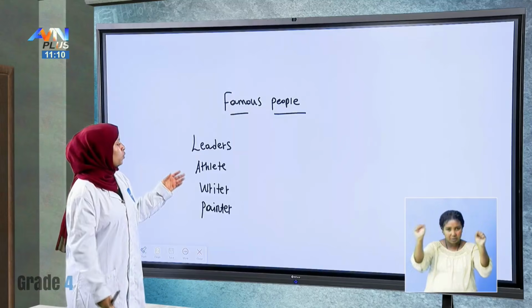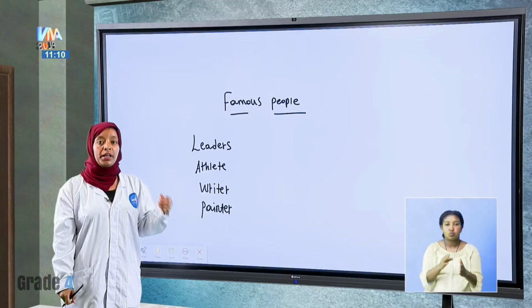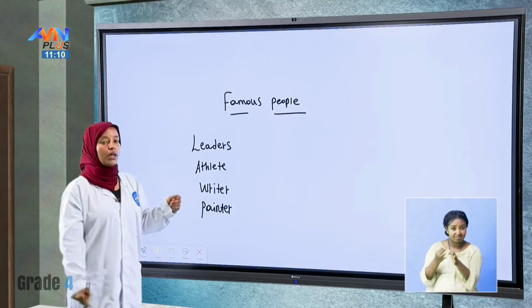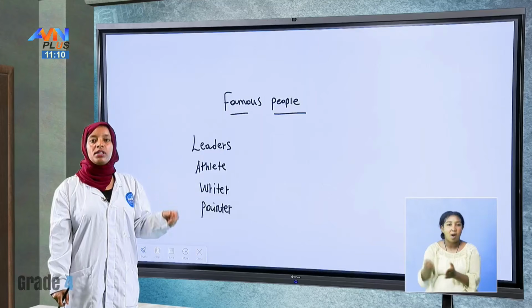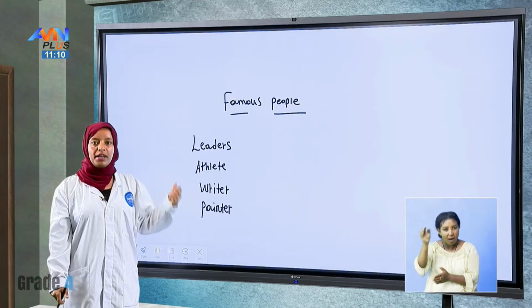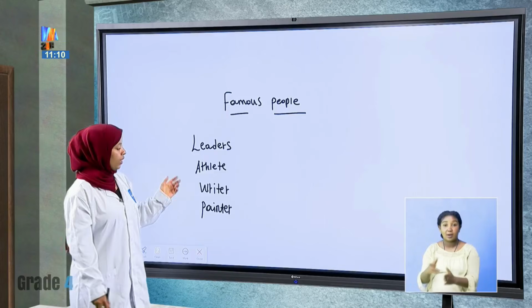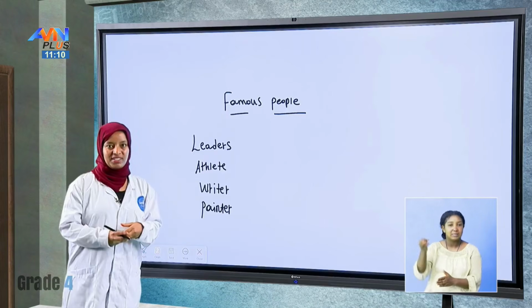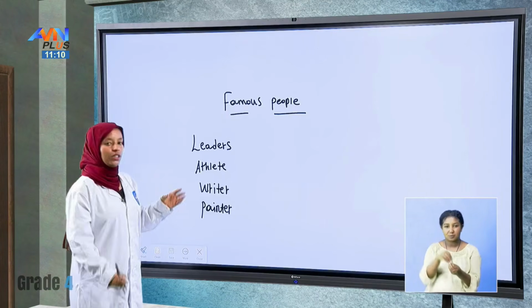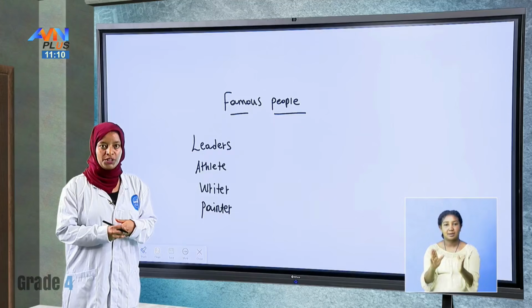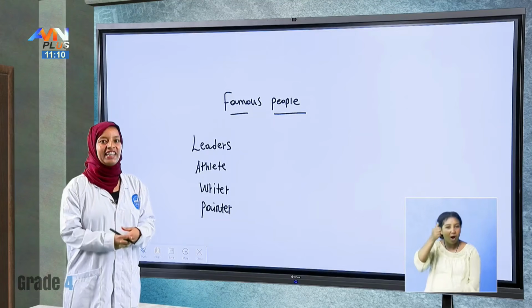Athletes are those runners, as I mentioned to you, like Abebe Bikila, Haile Gebrselassie, and Kenenisa Bekele also. And also writers and playwrights, like Tsegaye Gebre-Medhin. And also the painter, Afewerk Tekle.